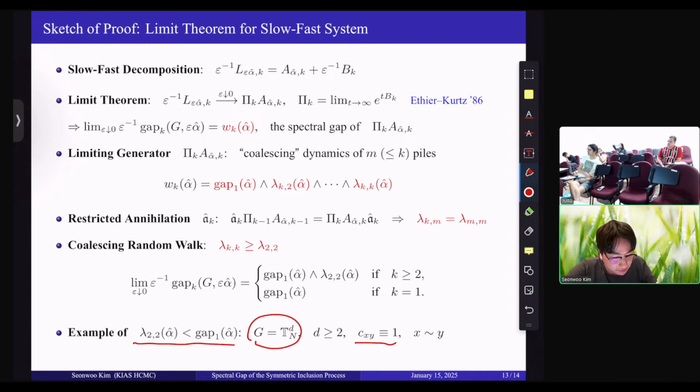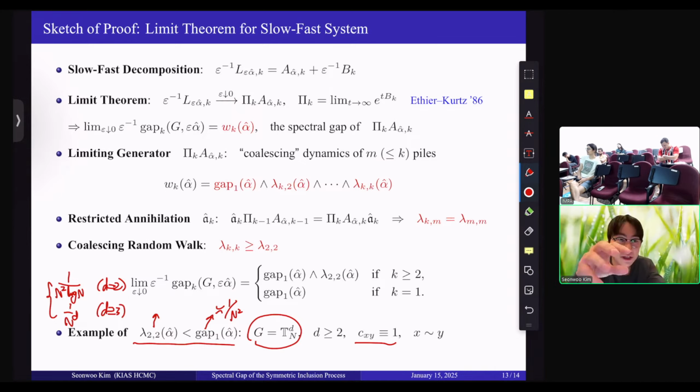As I remember, gap 1 has a scale of 1 over n squared. But this coalescing type λ_2 has a scale of 1 over n squared log n if d is 2, and 1 over n to the d if d is 3. So this is the scale. If you take n big enough, then automatically this λ_2 is smaller than gap 1. So we have an automatic counterexample for big n.